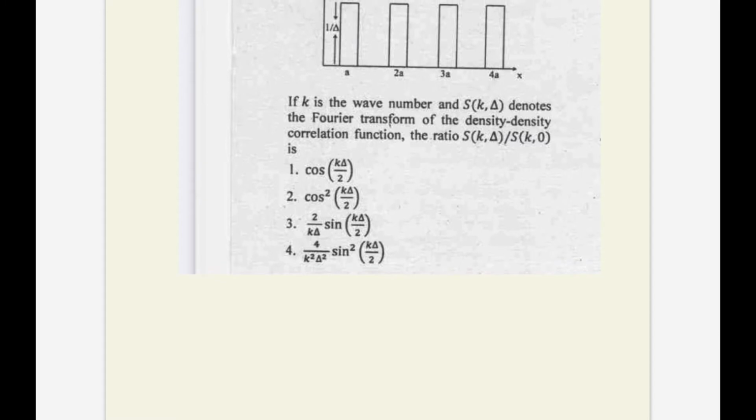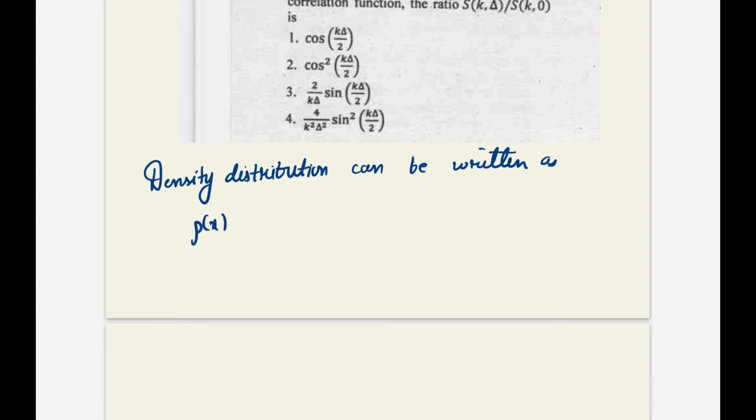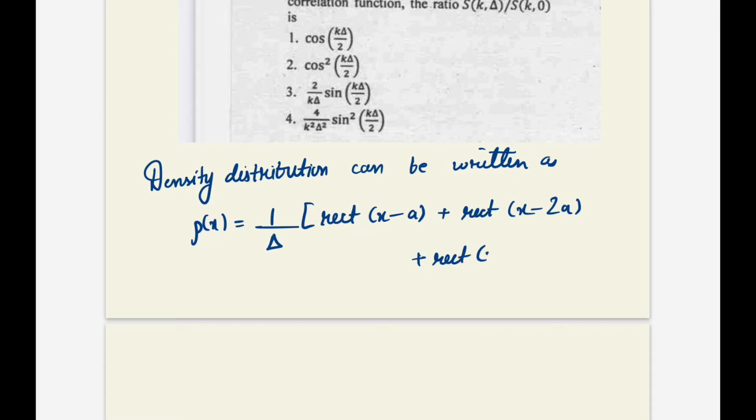So the density distribution function can be written as rho of x equals 1 over delta times rectangular x minus a, plus rectangular function x minus 2a, plus rectangular function of x minus 3a. Similarly for the fourth one, that is x minus 4a.